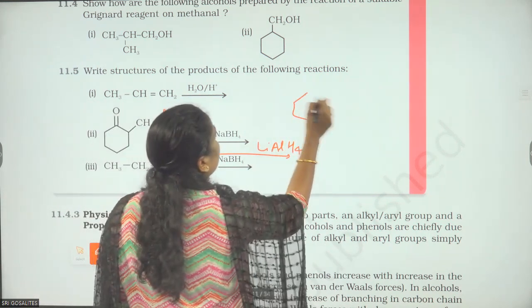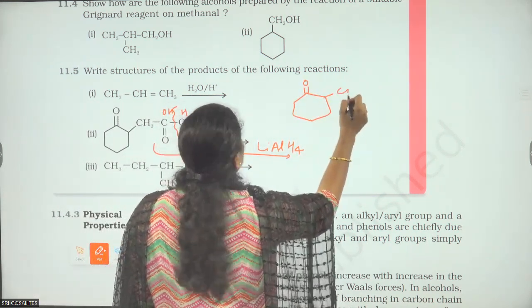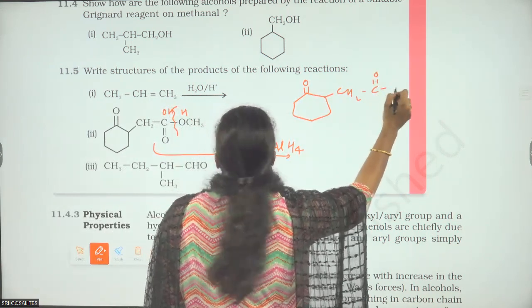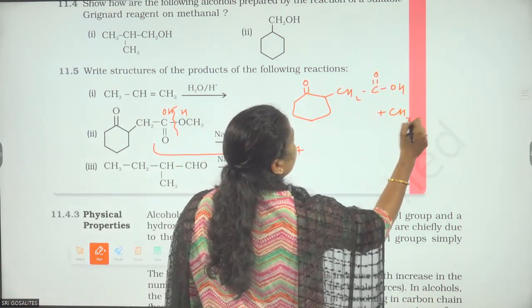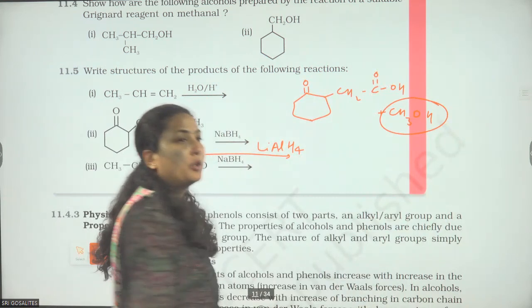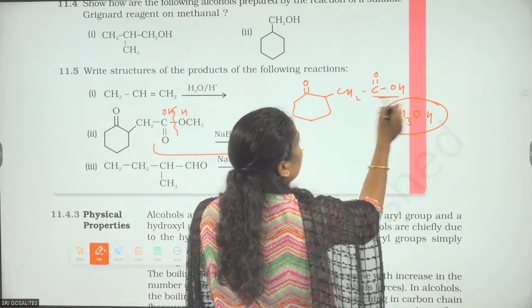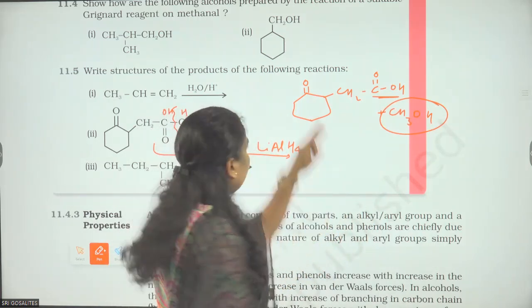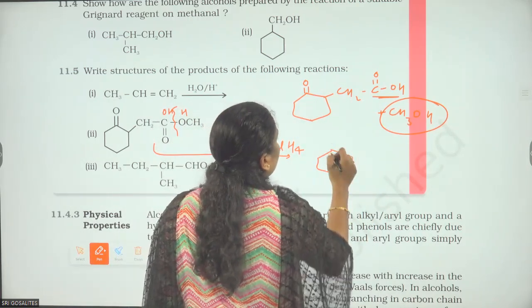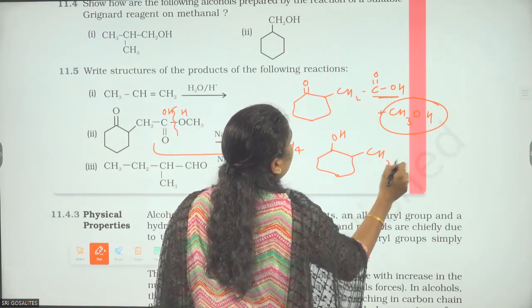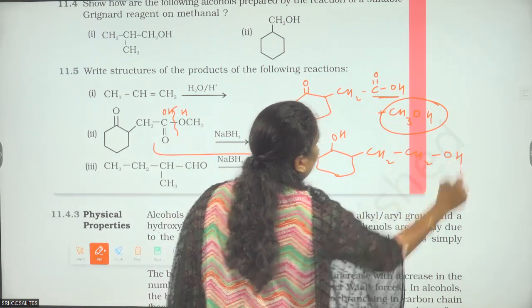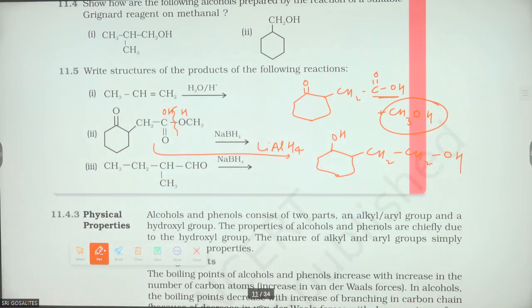So you will be getting something like this: double bond O, you're having CH2, C double bond O OH, and you are having CH3OH. This is already the reduced form. It will not be further reduced. Now lithium aluminum hydride will reduce this acid back to the primary alcohol. So with this you will be getting a secondary one and you will be getting a primary one. I hope this is clear, whoever has asked me this question.